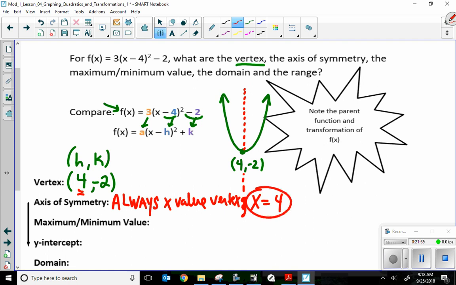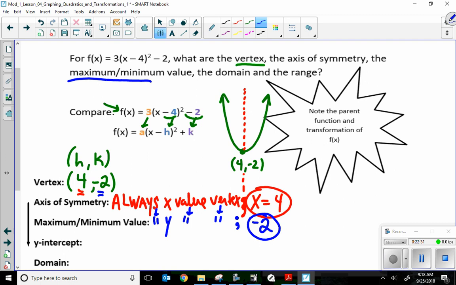The min and max value. Now they want to know the min and max. The min and max is always the y value of the vertex. Those little dash marks mean the same word as above. Now, my y value is -2, so it's -2. But here's a question: is that a min or a max? I need to look at my a value.